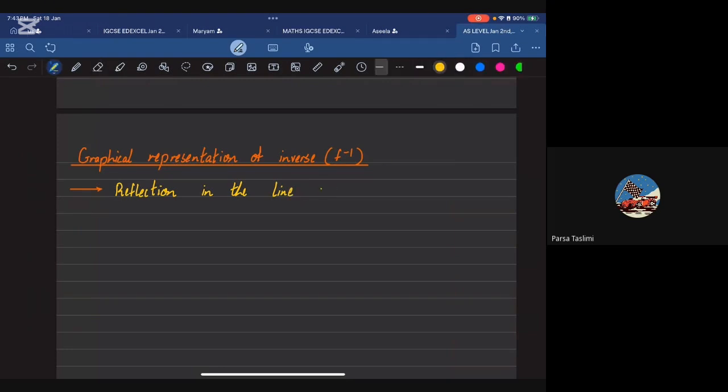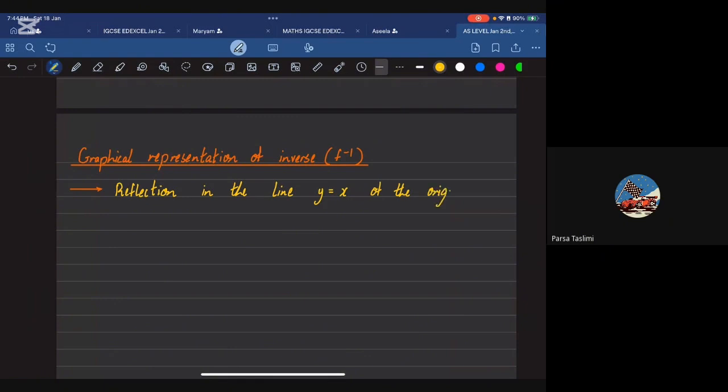Any representation of an inverse on the graph is just a reflection of the original function in the line y is equal to x. Clear? So you're just going to reflect the original function in the line y is equal to x to get the graph of the inverse of that particular function. All right.